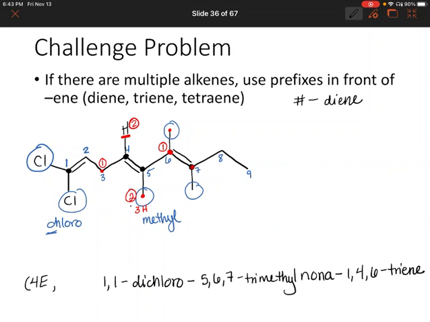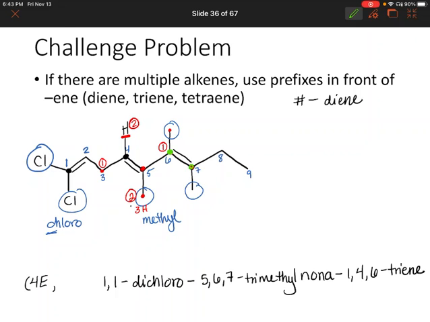All right, and then let's go to carbons 6 and 7. So let's figure out the priorities there. And this one's actually a little bit easier because we do have 2 methyl groups, right? And those methyl groups are going to be opposite each other. And then looking at the other groups that are bonded, let me use a different color here.